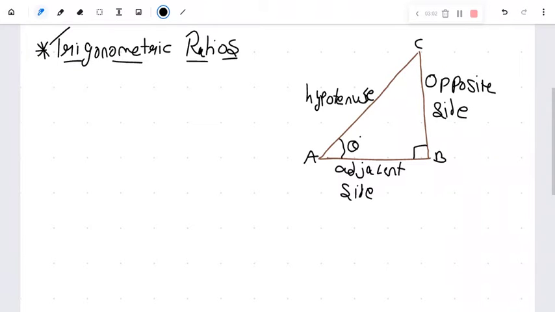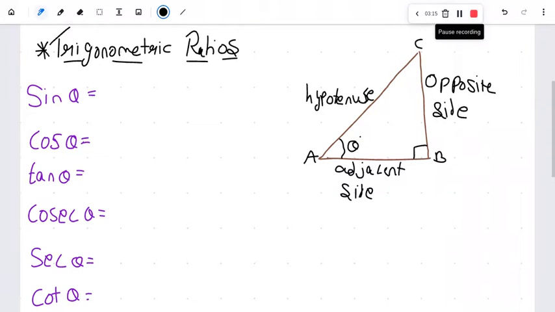Now, based on these three sides, the ratios mean one side divided by another side. I get six ratios. Let me explain one by one. First one is sine theta.